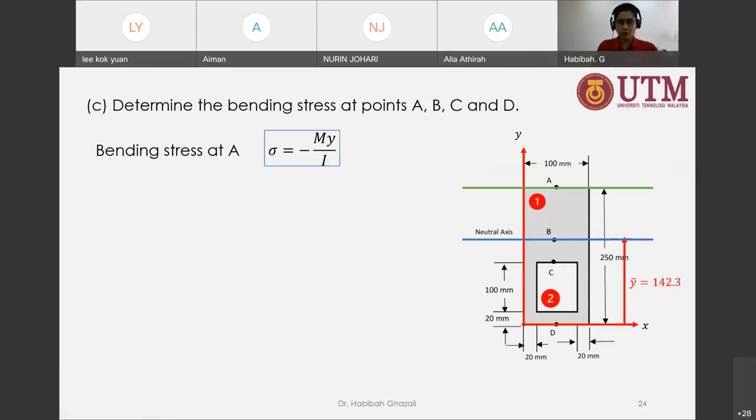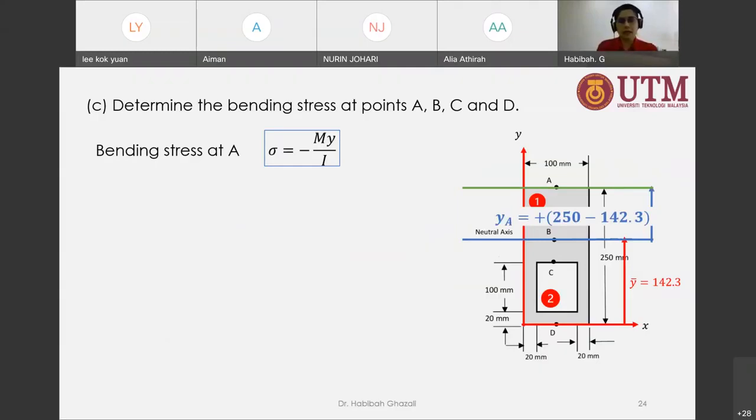Now let's have a look at Y first. Y is the distance from the neutral axis, the blue line here, to the point of interest. My point of interest is A, and A is located on the top of the beam. The beam's height is 250, so that's 250 minus 143.2, which is the location of the neutral axis from the reference point.